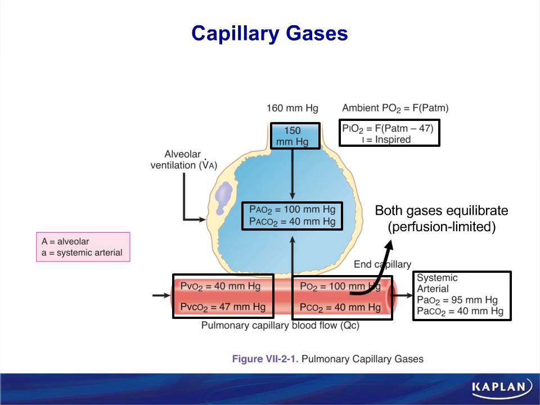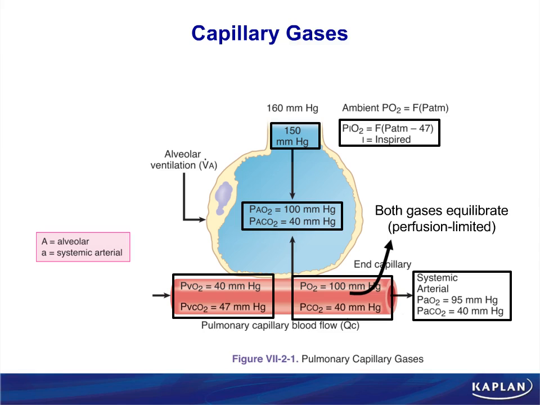But notice that the oxygen has dropped a little. We went from 100 to 95. We haven't passed through a capillary bed. We just went pulmonary veins, left atrium, left ventricle, out into the aorta, systemic arteries. So we haven't gotten to a capillary yet. So where did that oxygen go? What happened? Well, this is referred to as the A-a gradient. Capital A for alveolar, small a for arterial.